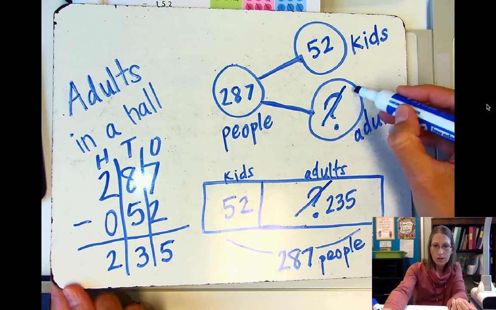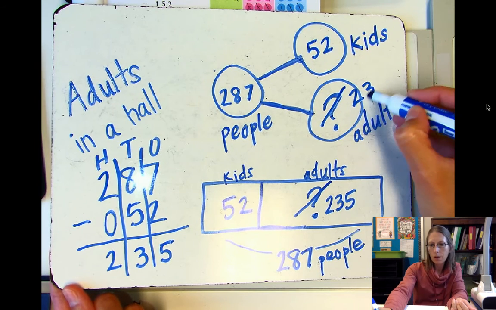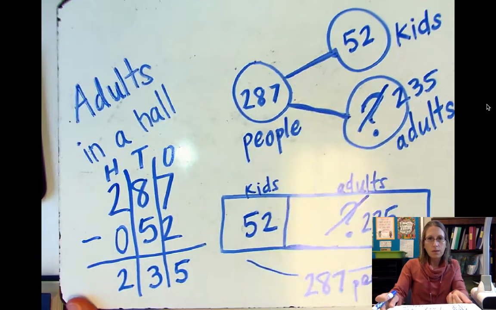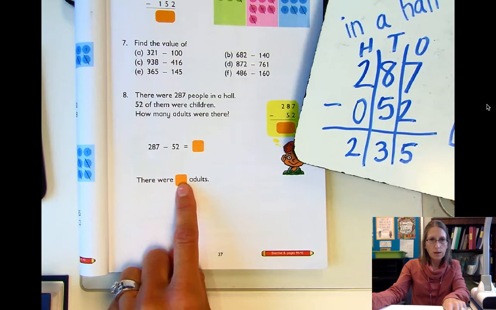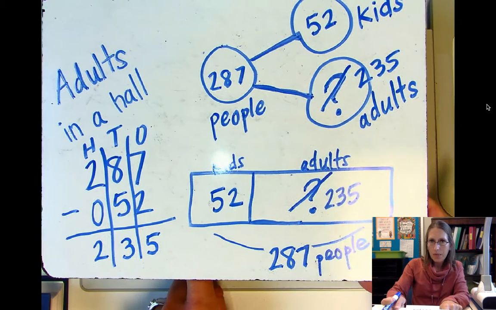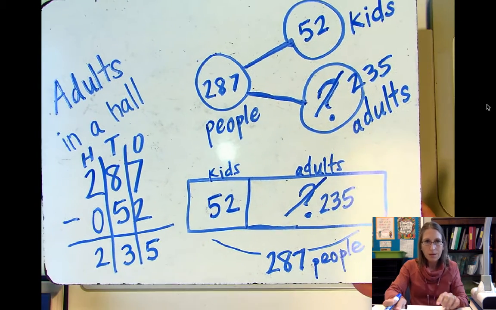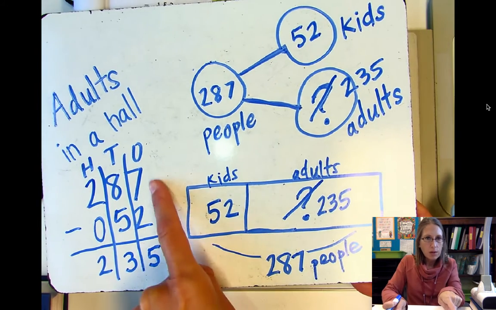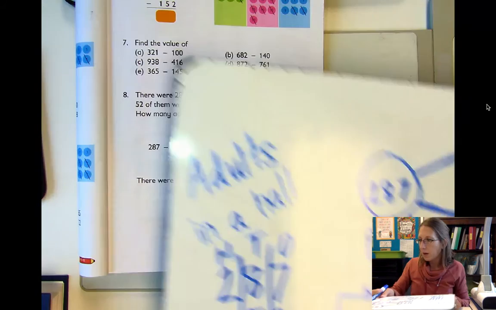And I can do the same with my number bond. And then if we had this in our workbook, we would also go and fill it in our answer sentence. All right, so that is how we solve problems with subtracting a 3-digit number from another 3-digit number.